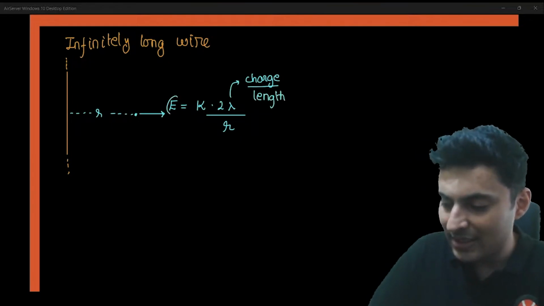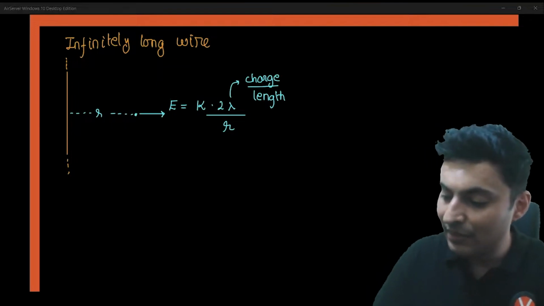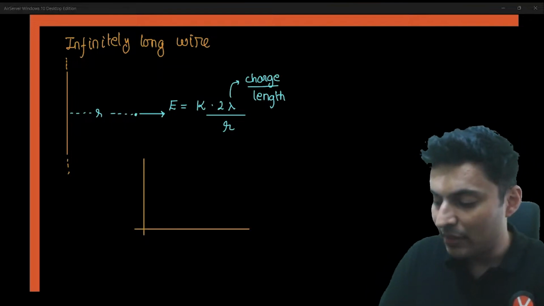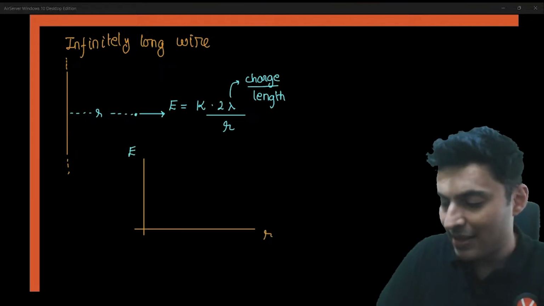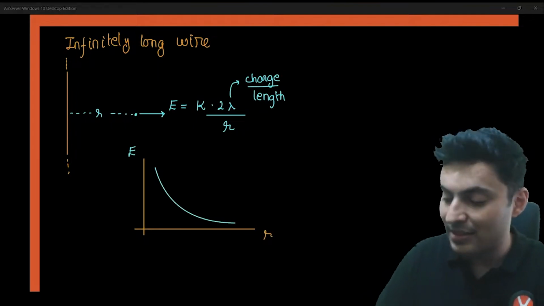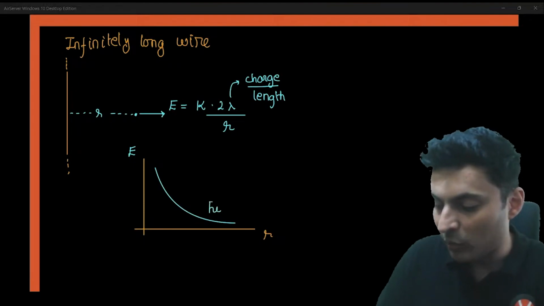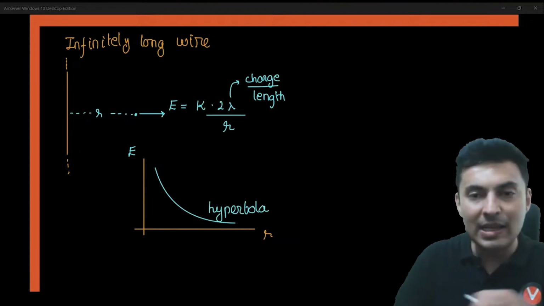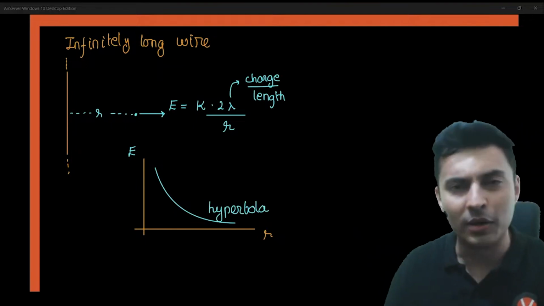So if you notice, the field is inversely proportional to R. Naturally, if you draw the graph of field versus R, it will be a simple rectangular hyperbola. This is how the graph looks due to an infinitely long wire.